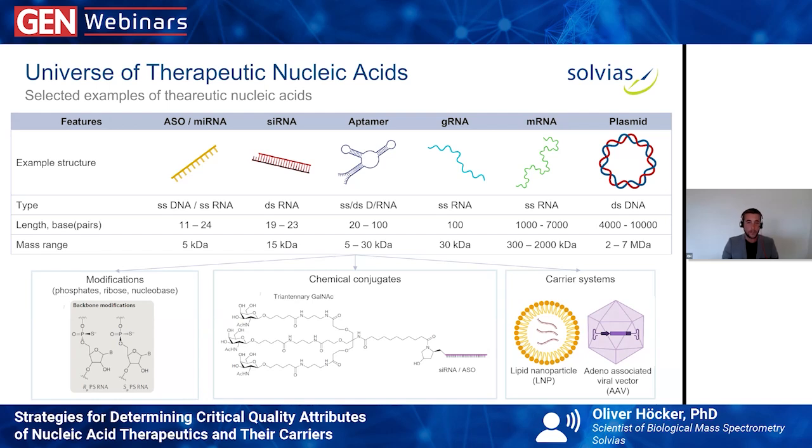And in the middle below, we also have chemical conjugates, can be peptides, anything you like. And here's shown a triantennary GalNAc that promotes the uptake of the nucleic acid into liver cells, for example. And of course, on the lower right side, they can be also formulated in carrier systems, such as lipid nanoparticles that form a shell, a protective shell around, for example, mRNA or small interfering RNA against degradation, but also to improve uptake in the cells. Or of course, also adeno-associated viral vectors, so protein shells protecting single-stranded DNA.